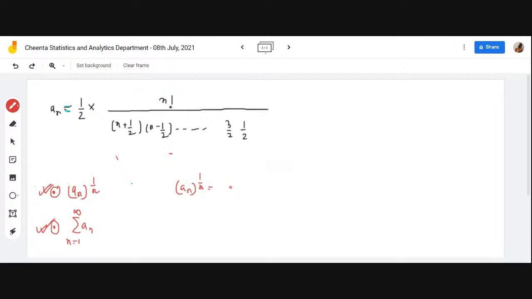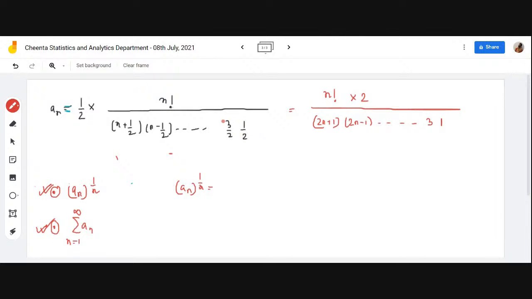Let me check if I'm missing something. Okay, let's write it down in a generalized format. You see, it can be written down as 1 by n factorial by (2n plus 1) into (2n minus 1) dot dot dot 3 into 1, into 2 to the power, what will it be, into half here, and that will become 1.